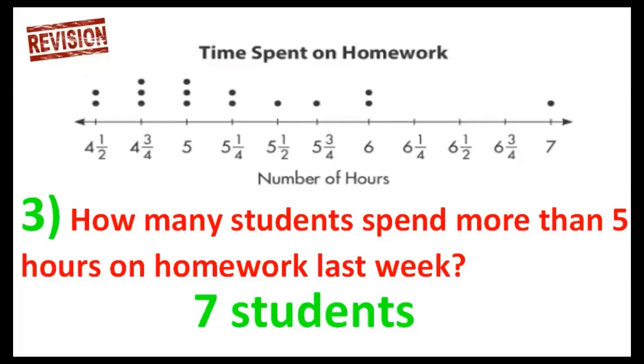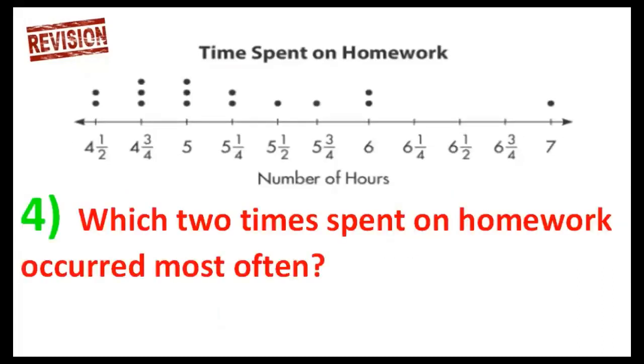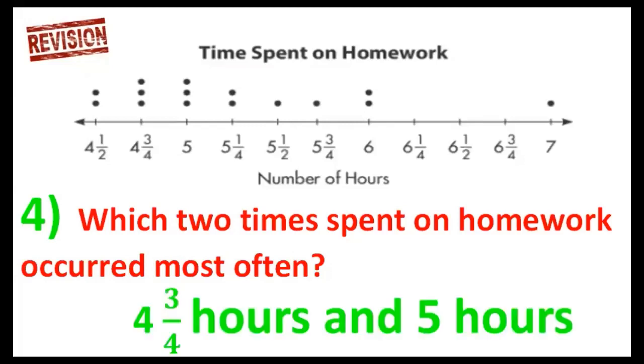Let's see question number 4 on the same line plot. Which 2 times spent on the homework occur most often? You will find that we have 2 bolded, or 2 times most repeated.